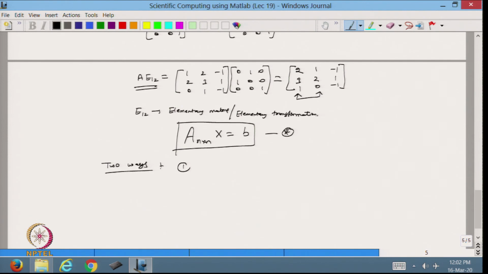The first one is the direct method. The second one is the iterative method. So, let us write the definition of the direct method.